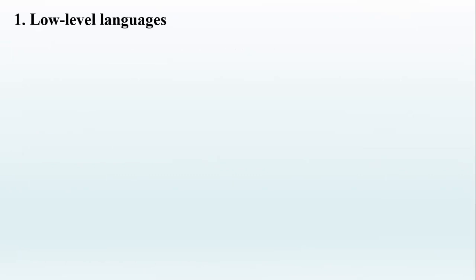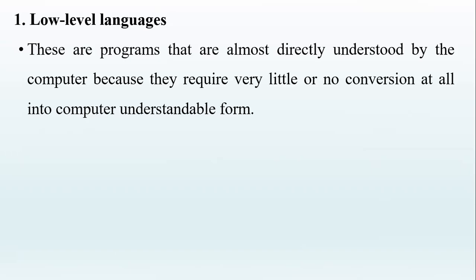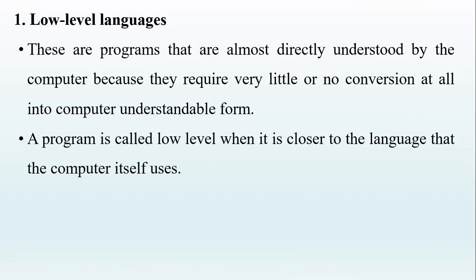Let's look at the low-level languages. These are programs that are almost directly understood by the computer because they require very little or no conversion at all into computer understandable form. A program is called low-level when it is closer to the language that the computer itself uses.